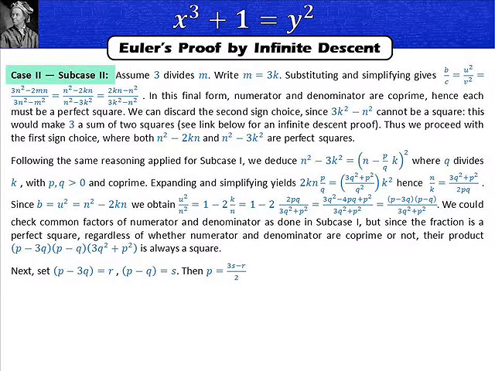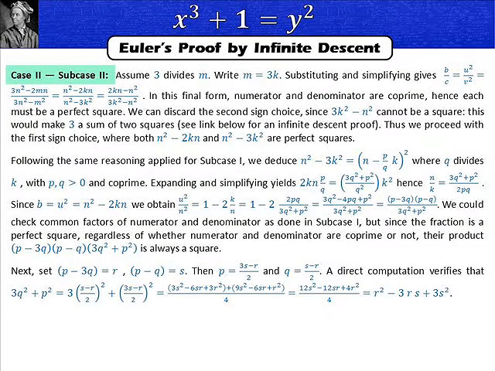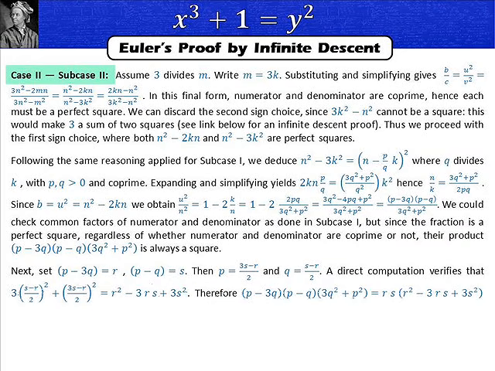Then p equals (3s minus r) over 2 and q equals (s minus r) over 2. A direct computation verifies that 3q squared plus p squared equals r squared minus 3rs plus 3s squared. Therefore, r times s times (r squared minus 3rs plus 3s squared) is a square.